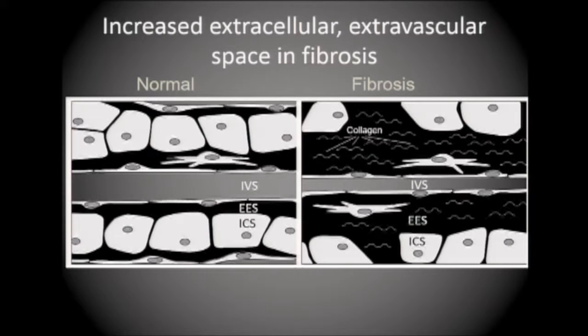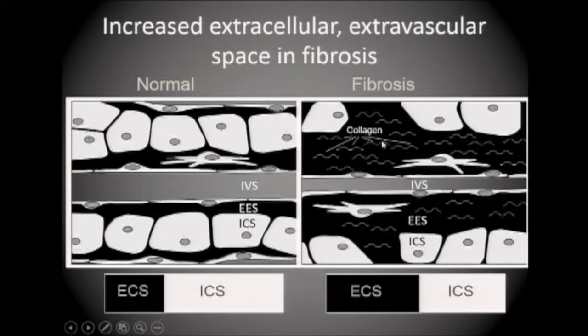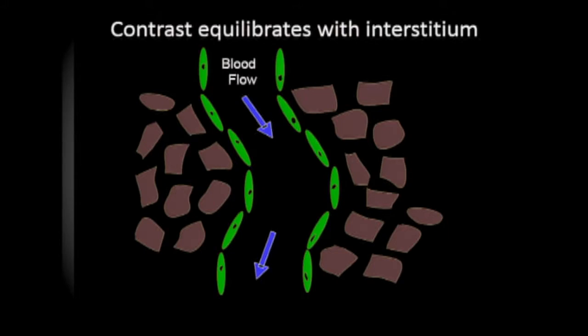So this is based on the idea that Sunil introduced us to, that diffusion of anything, contrast or macromolecules, is a function of 3 compartments: intravascular, intracellular, and extracellular space, and that these can be quantified roughly using various imaging agents such as contrast.